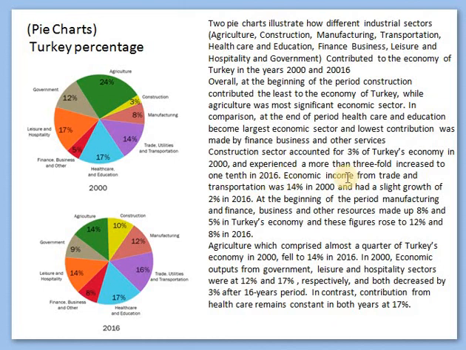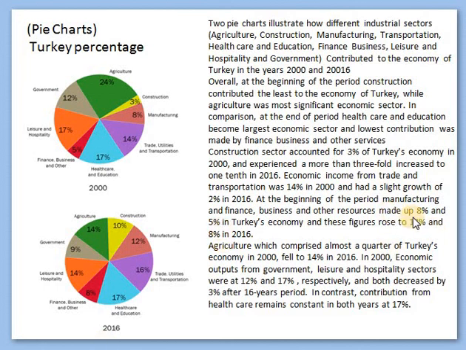The economic income from trade and transportation was 14% in 2000 and had a slight growth of 2% in 2016. So from 14% it goes to 16%. At the beginning of the period, manufacturing and finance, business and other sectors made up 8% and 5% of Turkey's economy, and these figures rose to 12% and 8% respectively.